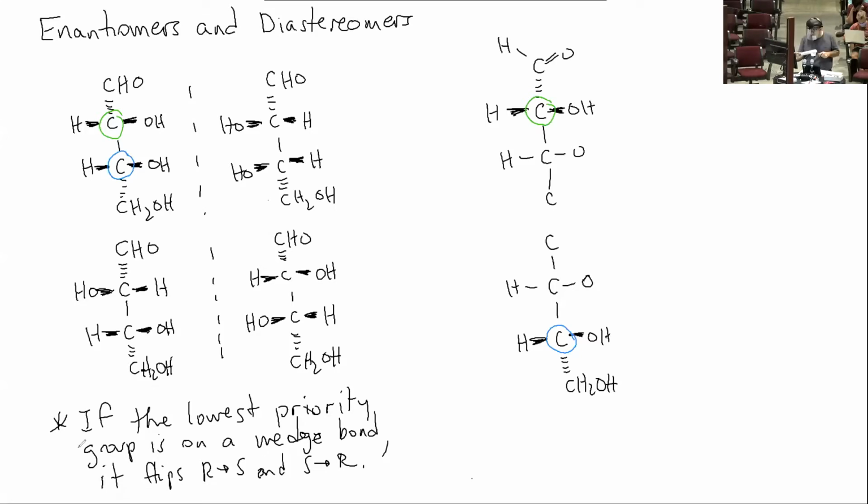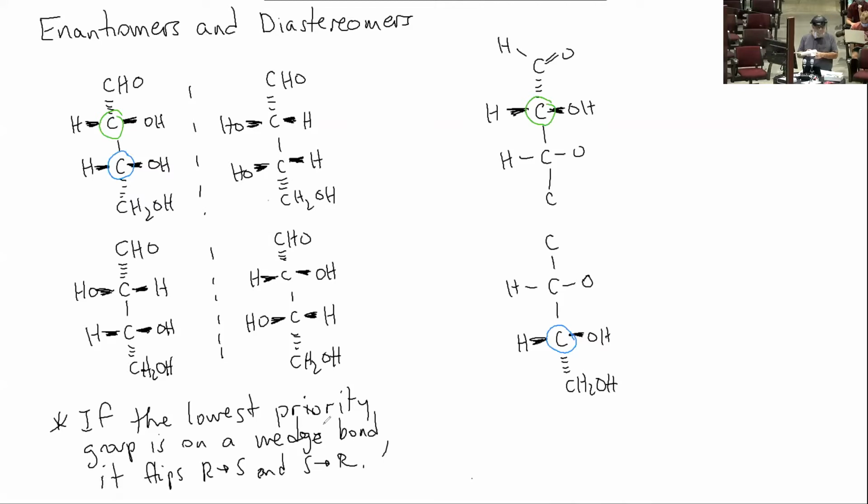There will never be any exceptions to that when the lowest priority group is on a wedge bond. It's another way of dealing with that situation. And it's the way I usually do it when I'm in this type of situation, where we see our lowest priority group on a wedge bond.